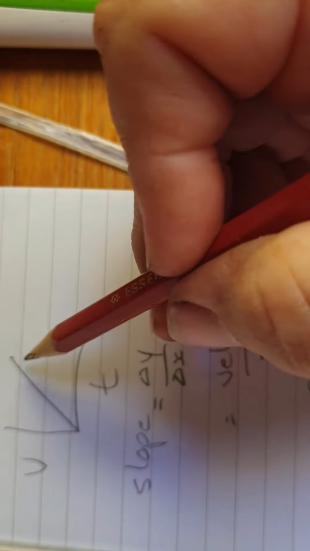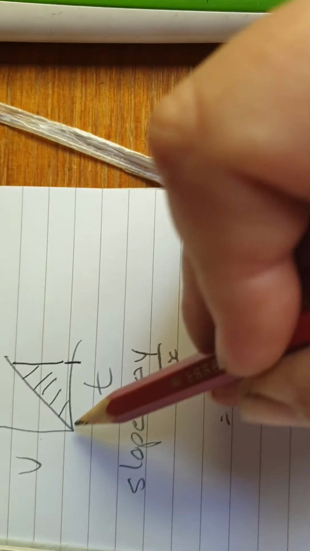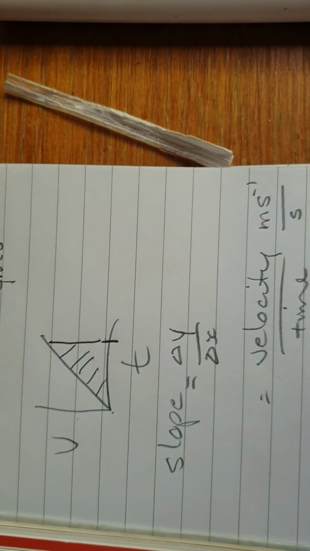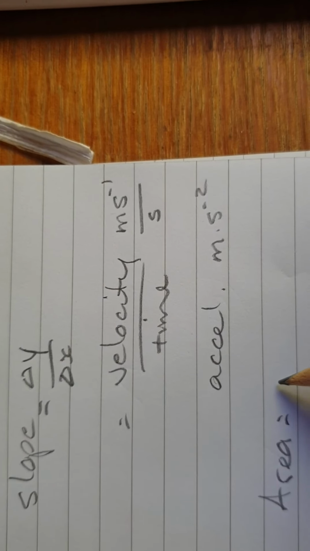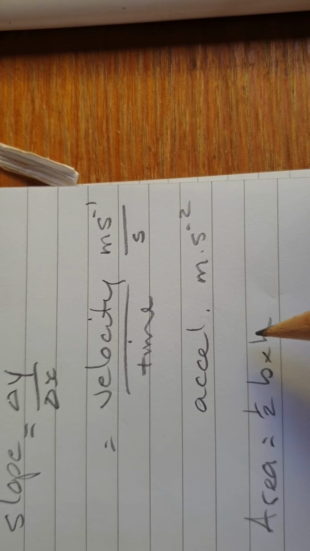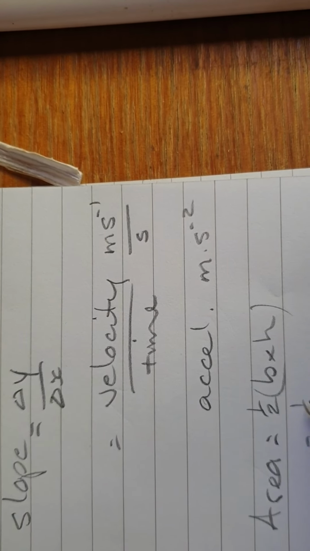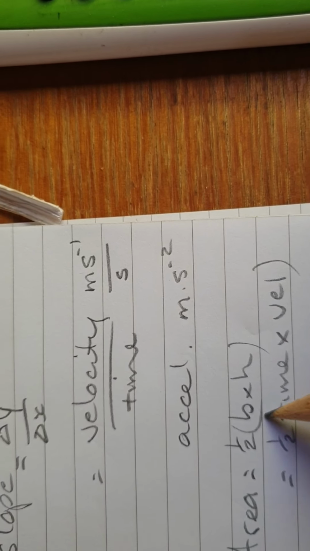But if you look at this, the area under the curve for a particular time, that area is going to be, area of a triangle is a half base by height. So that would be a half time by velocity.